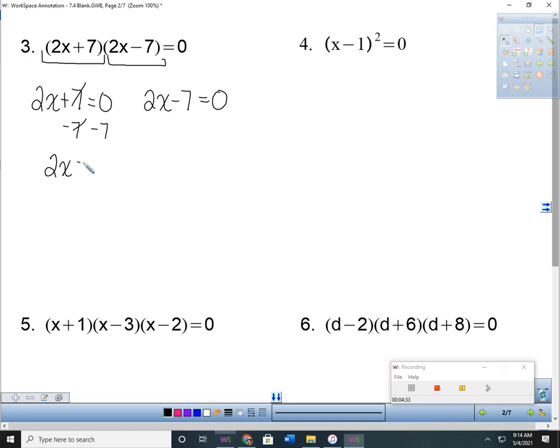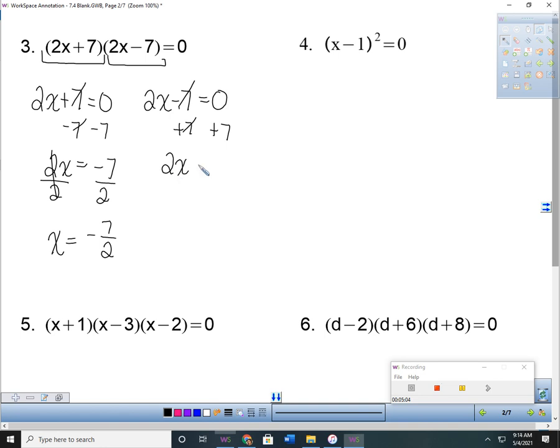That leaves me with 2x is equal to negative 7. Then I would get rid of the 2, so I would divide by 2. And we all know I don't want decimals, so you're just going to leave that as negative 7 halves. So if I plugged in negative 7 halves up here, that would give me a 0 right here. All right, same thing here, except instead of subtracting 7, I will be adding 7.